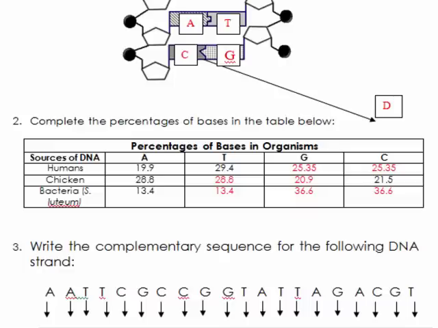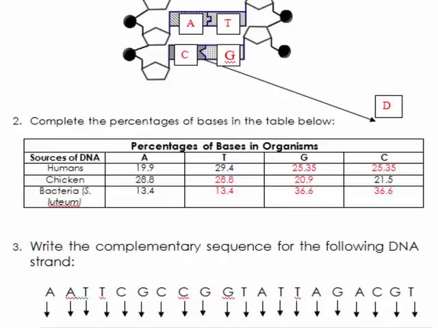So if we add those two together, we get 49.3. We subtract 49.3 from 100. That gives us 50.7. If we divide 50.7 by 2, it should give us 25.35 for the percentage of bases in guanine and 25.35 cytosine.